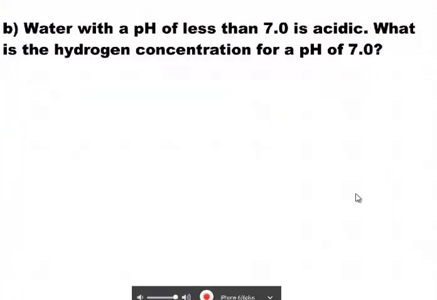The next part of the question says, water with a pH of less than 7 is acidic. What is the hydrogen concentration for a pH of 7? We are going to use the formula given above. So we're going to say that H is equal to 1/10 exponent 7.